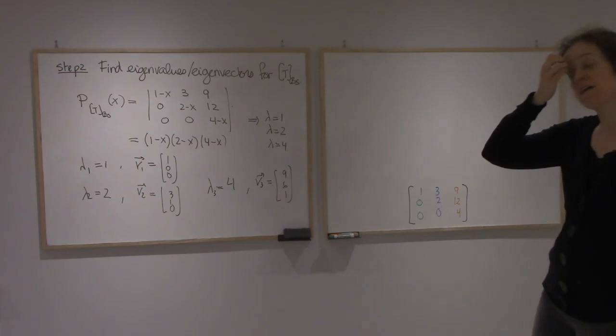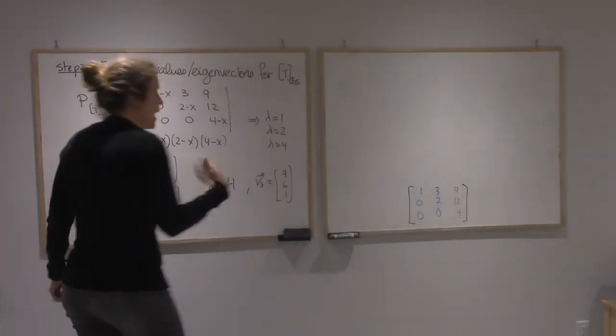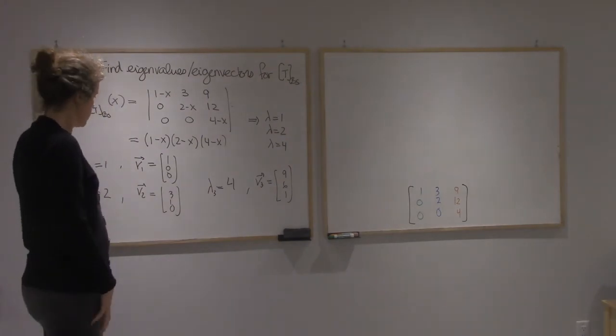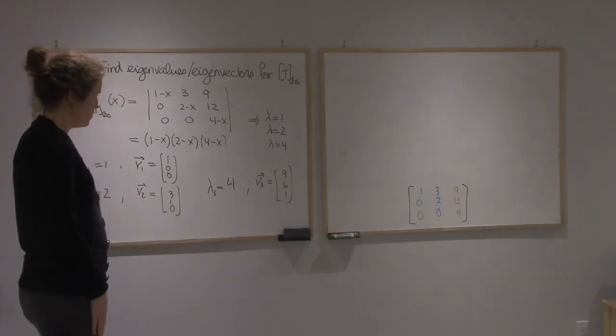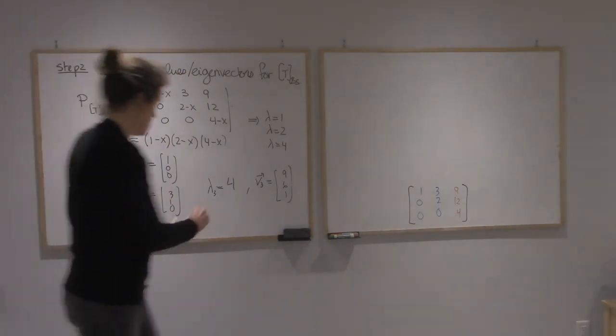Alright, so that means that if I look at this matrix and this basis, I'm going to get a diagonal matrix. That's great.